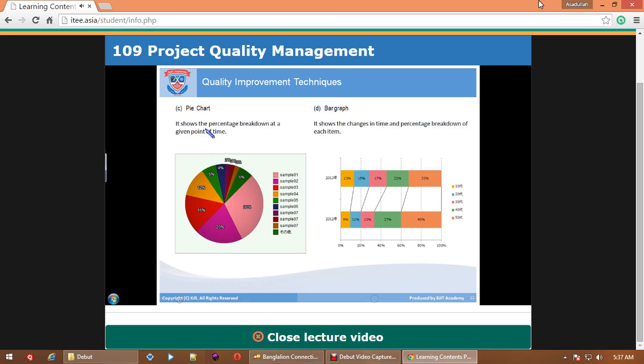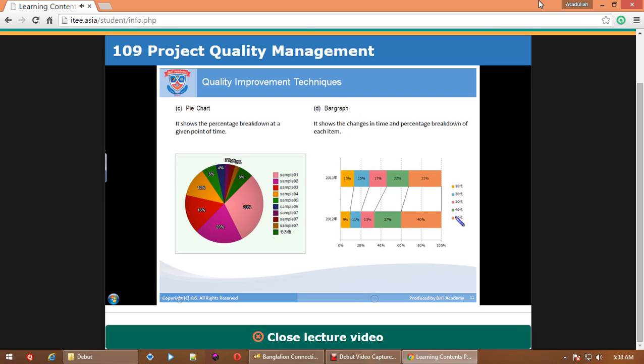Another is the pie chart that shows the percentage breakdown at a given point in time. Like there are many samples, and we show here the percentage breakdown of each kind of sample. Another is the stacked bar graph, and it shows the changes in time and the percentage breakdown of each item.